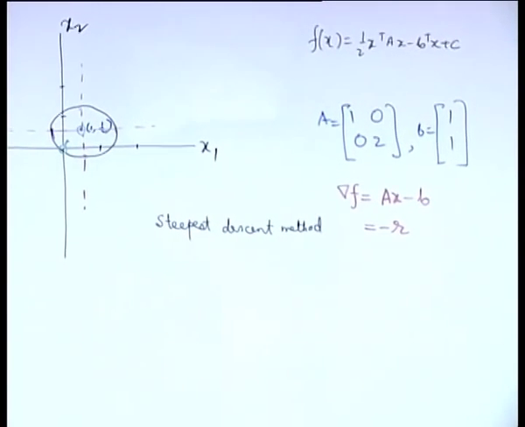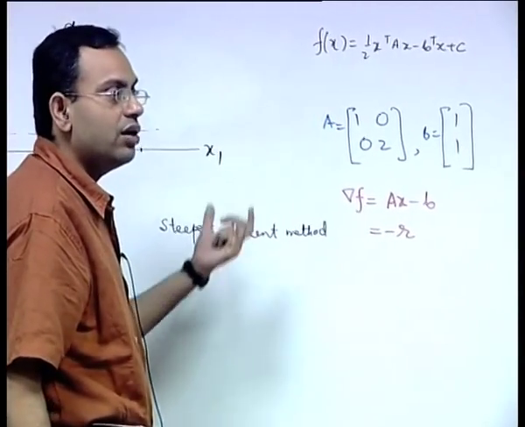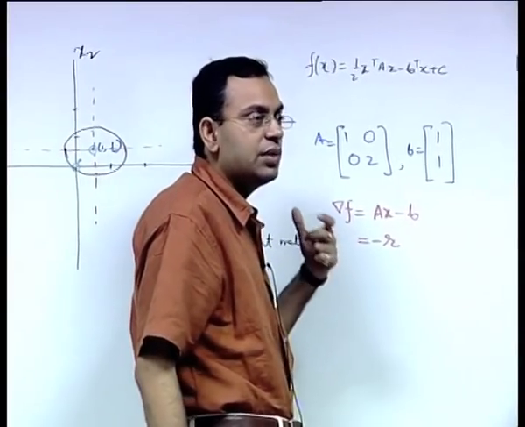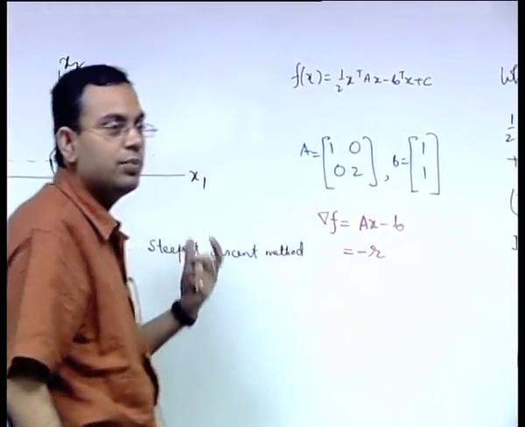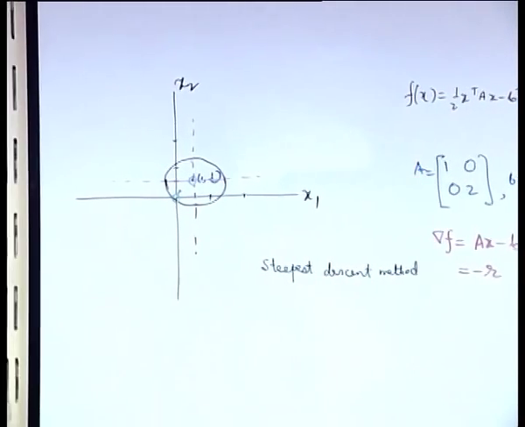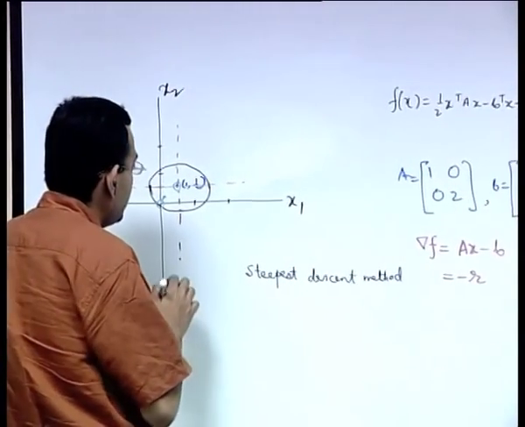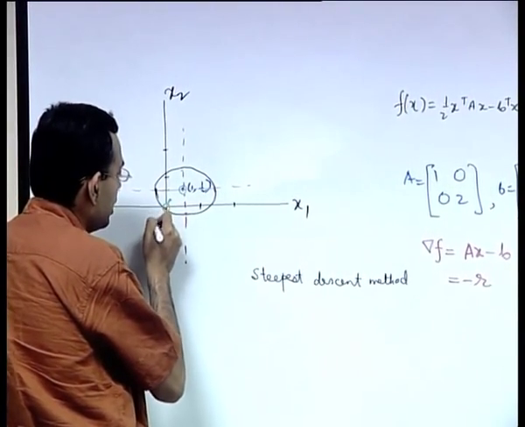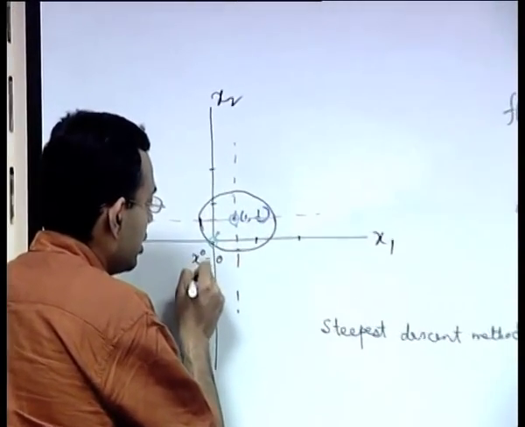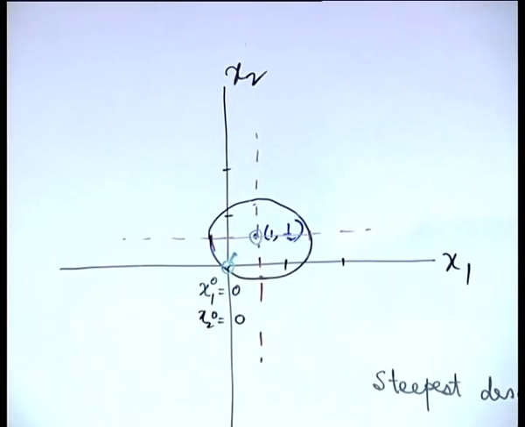In this particular method, we will try to move along the gradient of the function f, which represents the steepest rate of change, or maximum rate of change, of the function f. We start with an initial guess. Let us say this initial guess is x1(0) equal to 0 and x2(0) equal to 0, as an example.